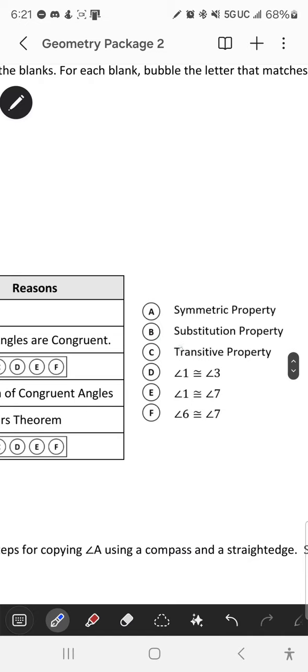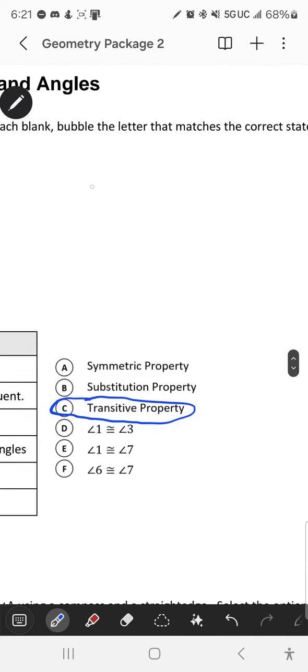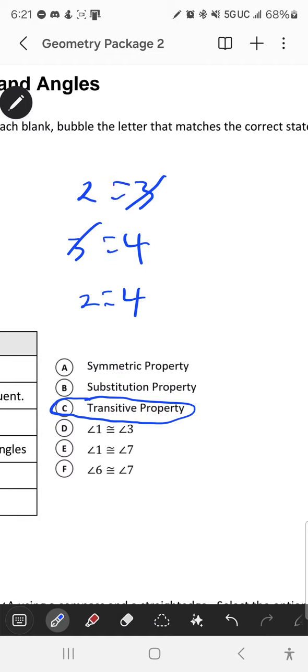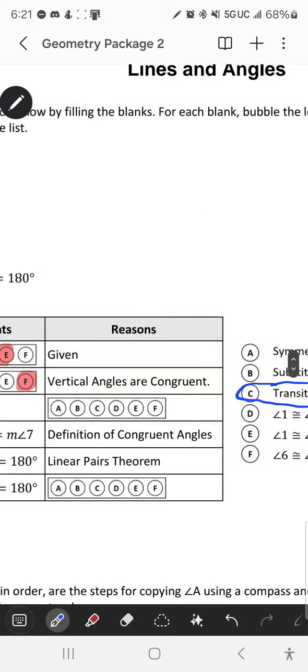I'm just going to say transitive property. As I explained before, transitive property is that we have two things like 2 and 3, and then we have 3 and 4. Then we can take out the things that are equal. So we have 2 and 4 that are basically equal, for example. That's a short explanation of the transitive property that I explained in last week's video. So I will say C, transitive property.